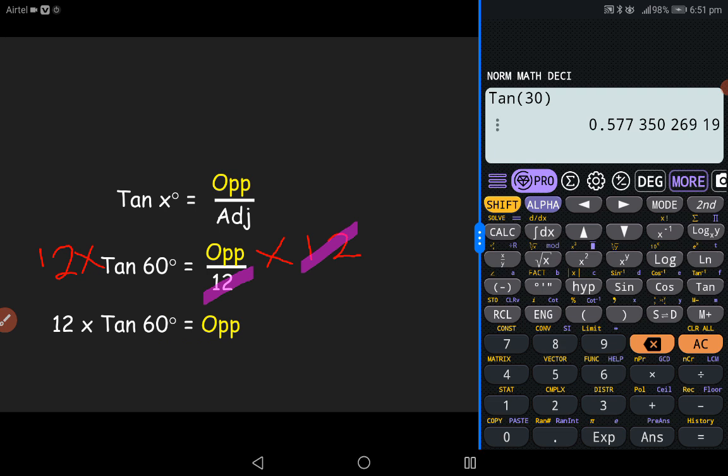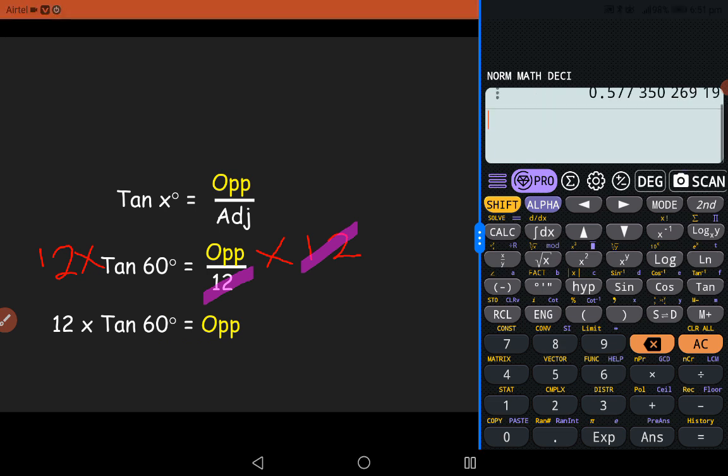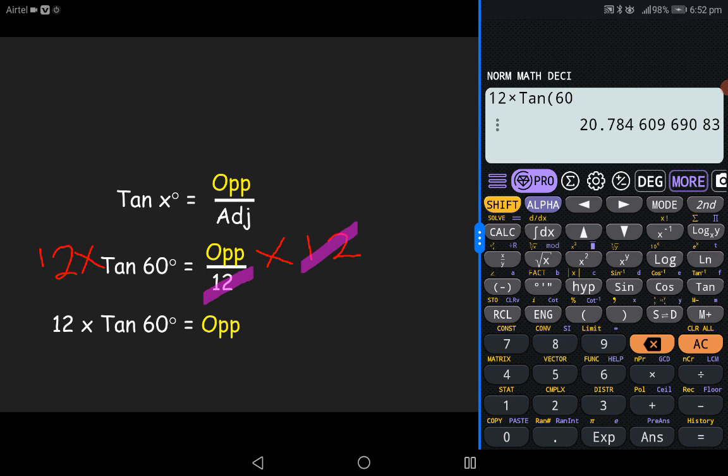So you go on your calculator once again and punch 12 multiplied by tangent of 60 degrees. You find that the height now is 20.7.